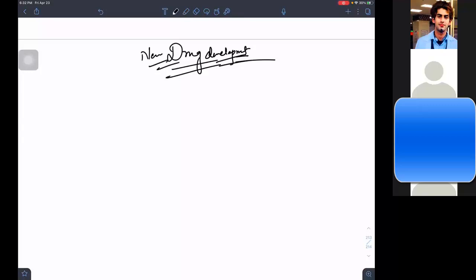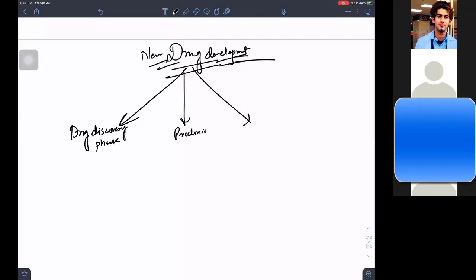Now there will be various phases of this drug: a drug discovery phase, preclinical studies, clinical trials. Okay, these are the phases.